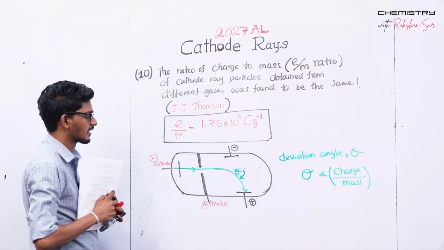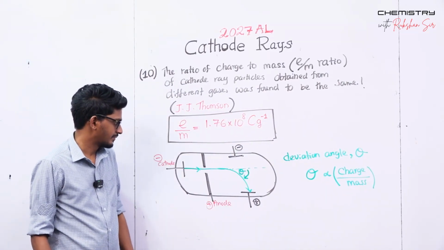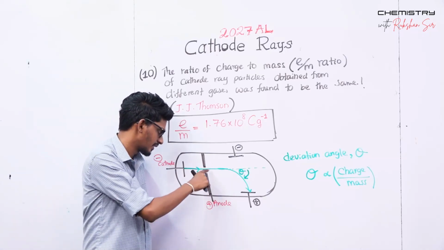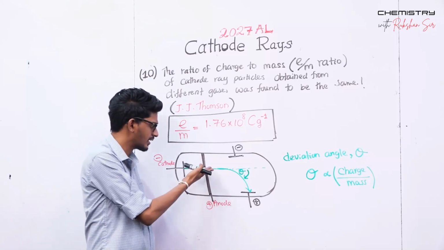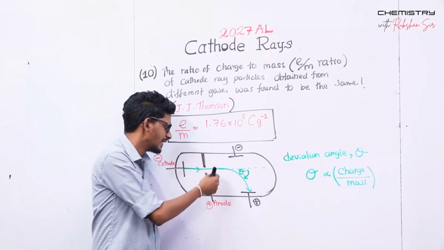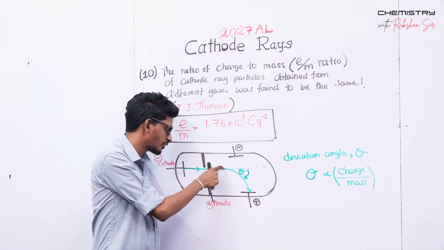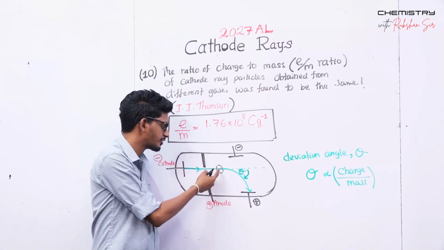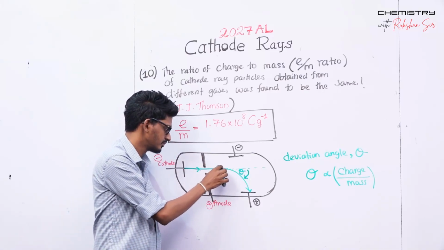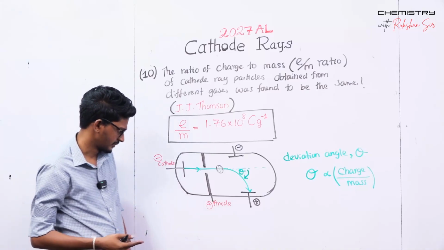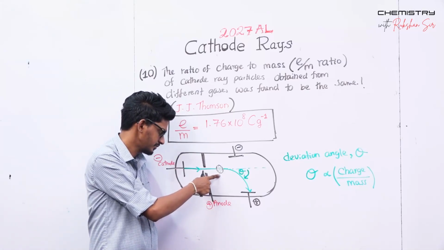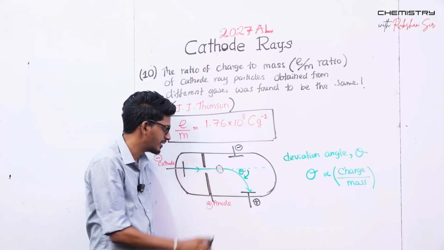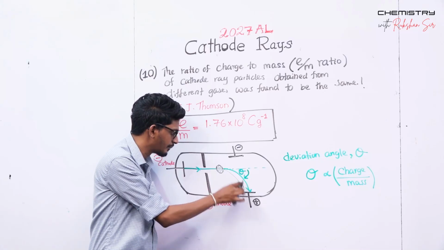See, let's say, don't think of a cathode ray. Just think of any particle coming along this pathway. If the charge of this particle is high, if the negative charge of this particle is high, it will be greatly attracted to the positive terminal.